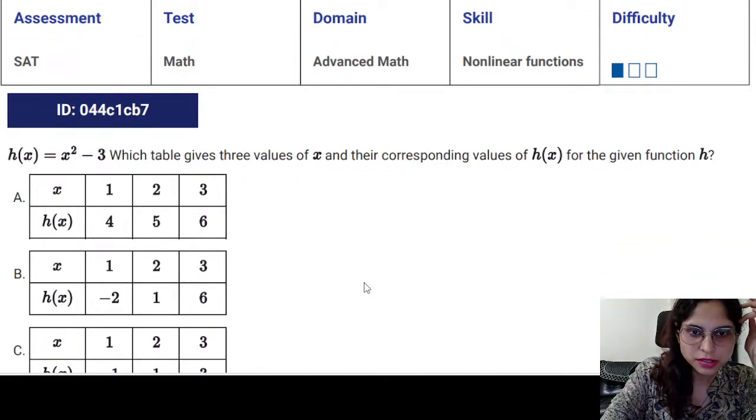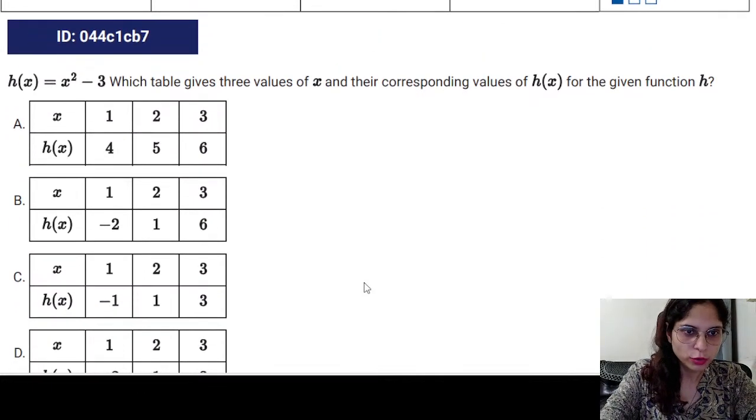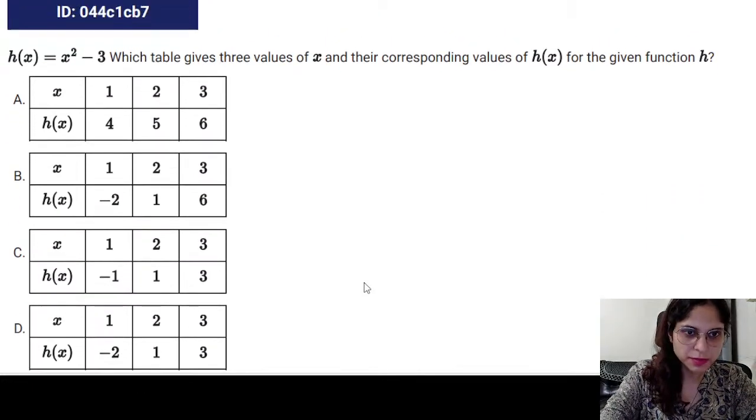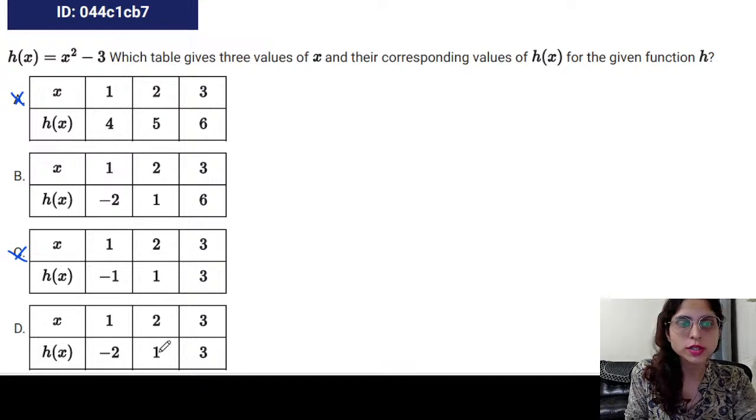Which table gives 3 values of x and their corresponding values of h of x for the given function? One thing you can do mentally is plug in 1, 2, 3, because these are the x values. X is equal to 1, 1 squared is 1, 1 minus 3 is negative 2. So this option is gone, this option is gone, because at 1 we should get negative 2. At 2 you have 1, at 2 you have 1, so there is no point of checking at 2. Directly put x is equal to 3 and check your answer.